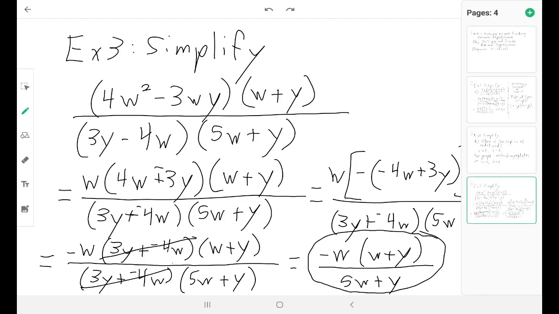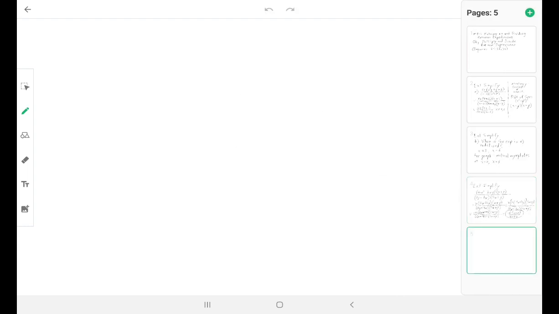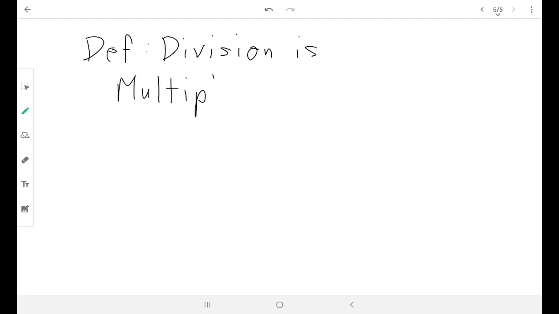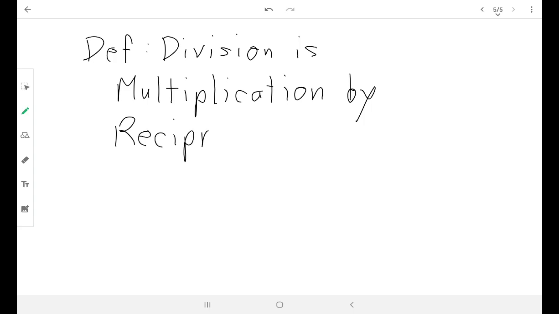So something I want to remind you of now as I go to a new board here, a definition that I want to remind you of is that division is defined as multiplication by reciprocal.